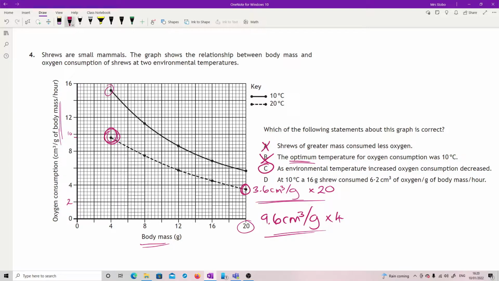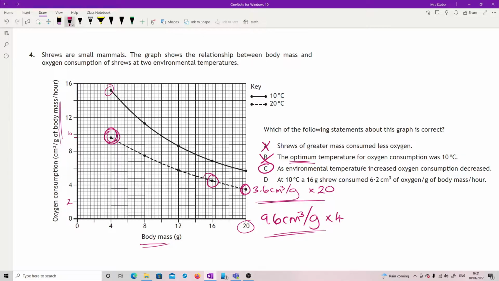Okay. And just to check, at 10 degrees C, a 16 gram shrew consumed 6.2 centimeters cubed of oxygen per gram body mass per hour. This is just checking that you've done the correct scale point here. So we were going 16 gram shrew at 10 degrees. Here we go.